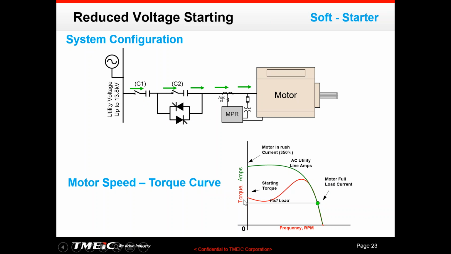The speed torque curve here is very similar to the DOL machines, but here you see we reduced the inrush current from 650% to 350%. Those are the typical numbers you may expect from the soft starter, and the others are the same.